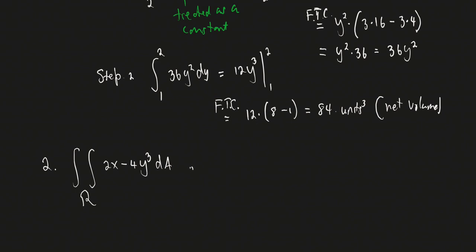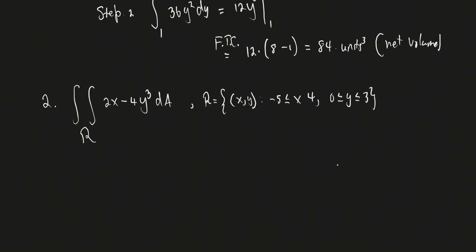And let's say our region, so now I'll show you what it would look like using the set builder notation. So our region is a set of all ordered pairs such that, let's say x is between -5 and 4. And let's say y is between 0 and 3, right?